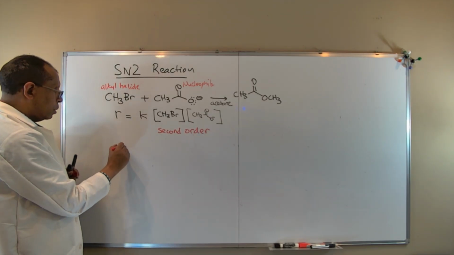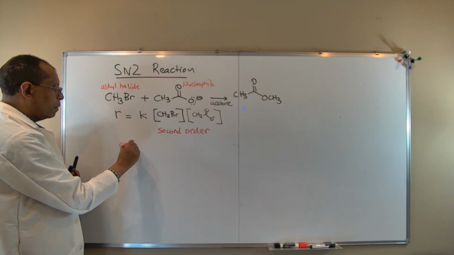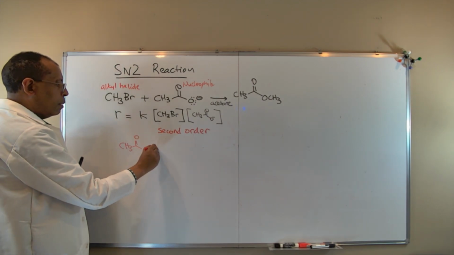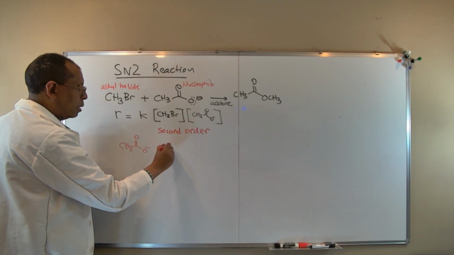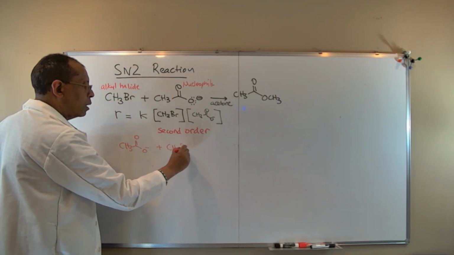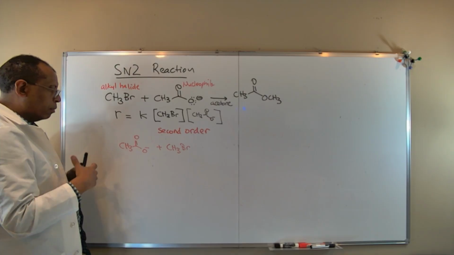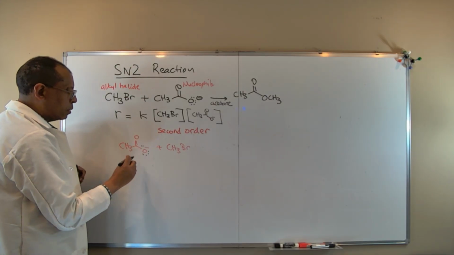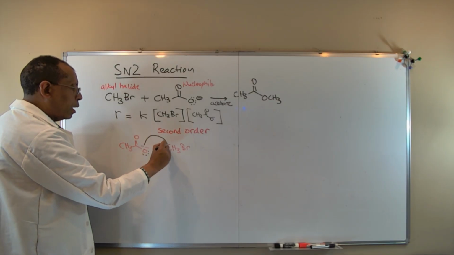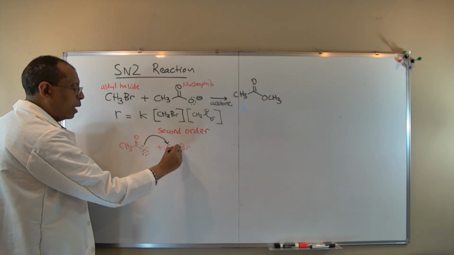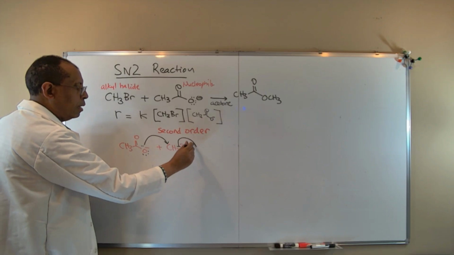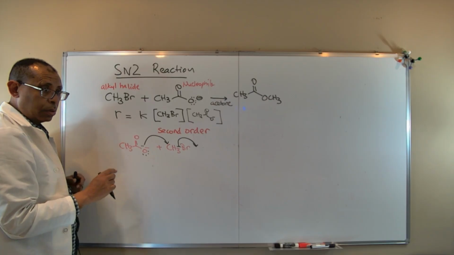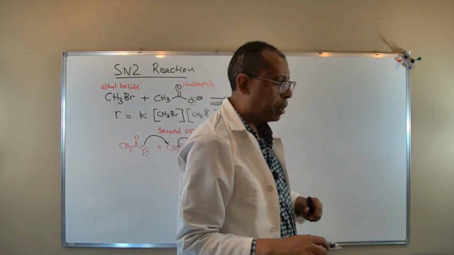So if you have CH3CO2 minus, that's the nucleophile, plus the alkyl bromide, your alkyl halide, the arrow movement would be: you have electrons on the oxygen, and the electrons would come and attack that carbon. At the same time, bromine leaves. These are the arrows that you always need to write for an SN2 mechanism.